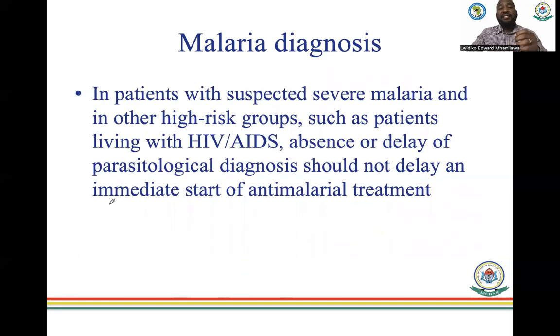But in cases where the patient is suspected to have severe malaria and belongs to high risk groups, so let's say the patient has HIV or AIDS and is immunocompromised, and there is a delay in getting a parasitological diagnosis, whether you don't have a microscope or a rapid diagnostic test, you should not delay the treatment for this patient. Start treatment and then continue with the parasitological confirmation, because these patients, as you will see later on in treatment, are at high risk of developing severe malaria.